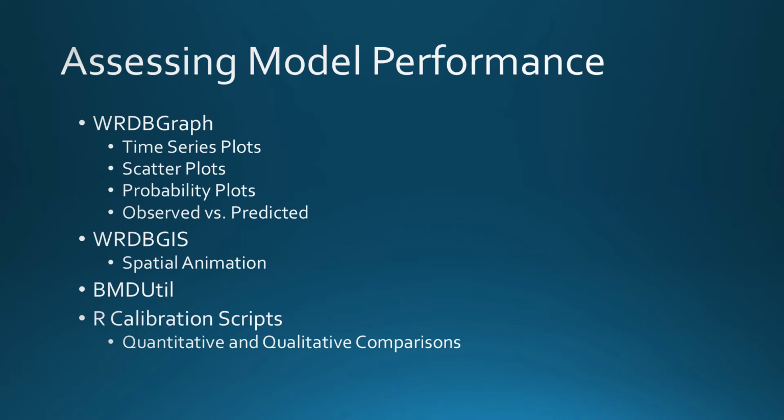And then lastly, the R calibration scripts that we use to quantitatively and qualitatively do comparisons, which we typically share in modeling reports and are usually front and center in any stakeholder meeting where we're providing model performance.